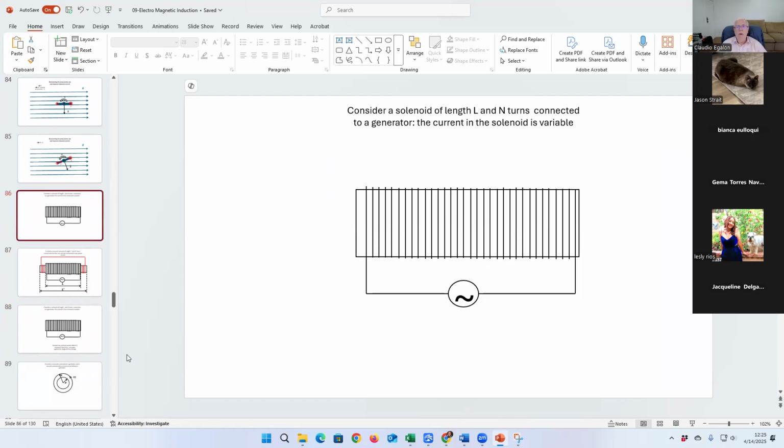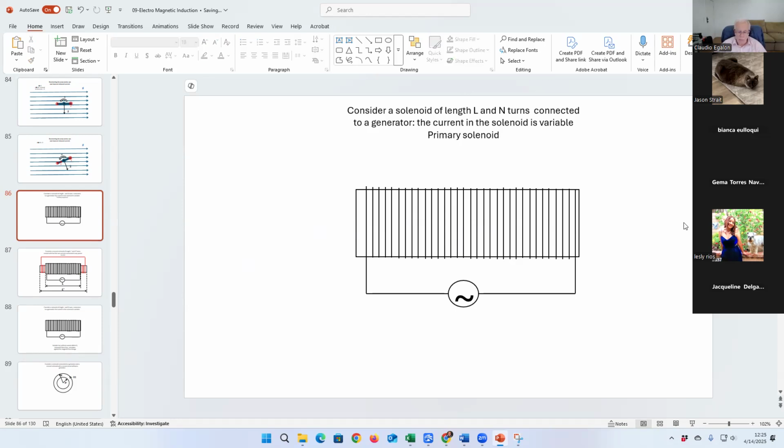So that's what we want to look at. Consider a solenoid of length L and n turns connected to a generator. And now consider a second solenoid which has no power source whatsoever. We call this first one the primary solenoid.